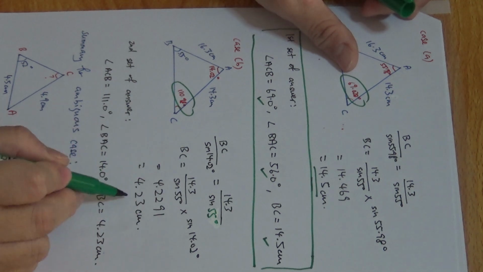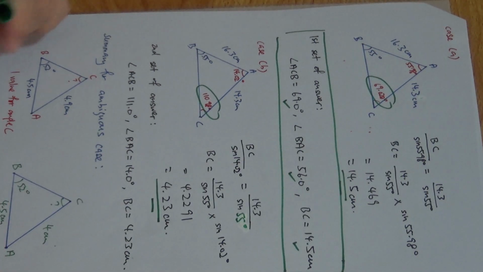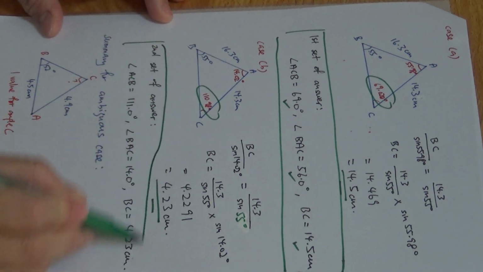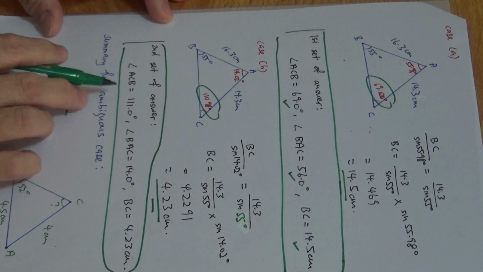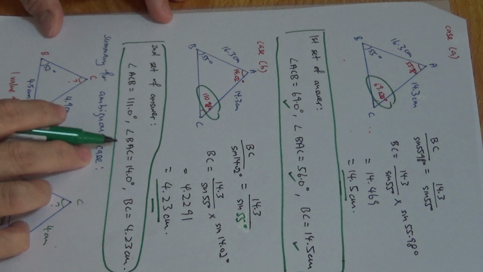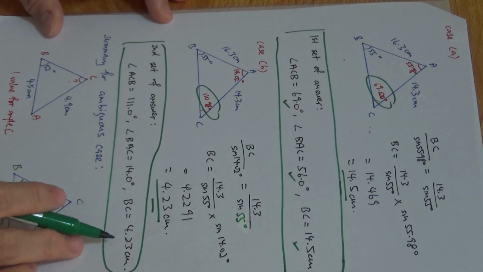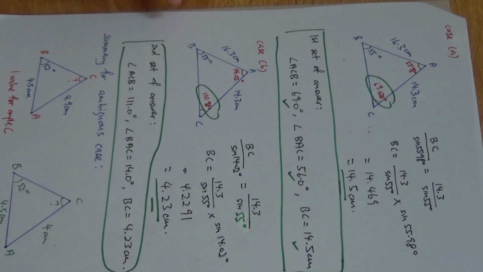Doing the manipulation, you get BC as 4.23 cm. So this is the second set of answers, whereby angle ACB is 111.0, angle BAC is 14.0, and BC is 4.23 cm. There are two possible sets of solutions in this particular case.